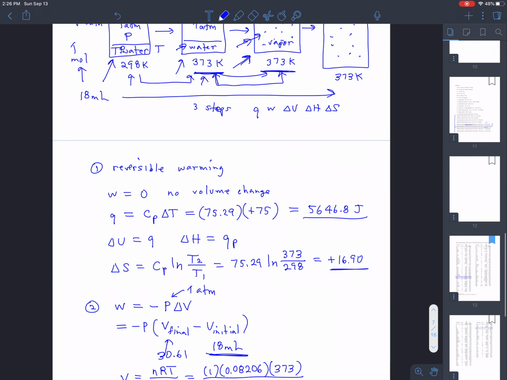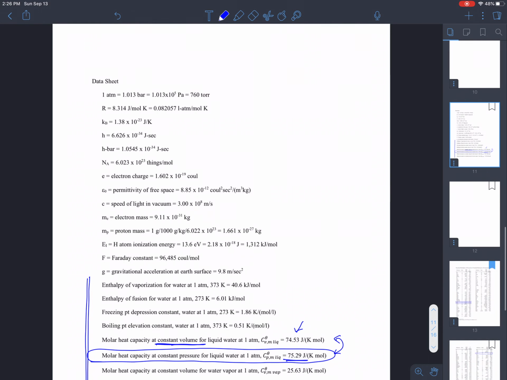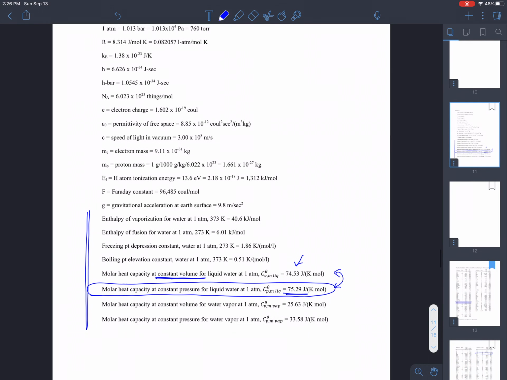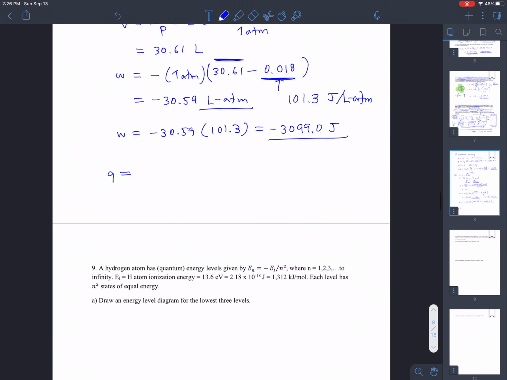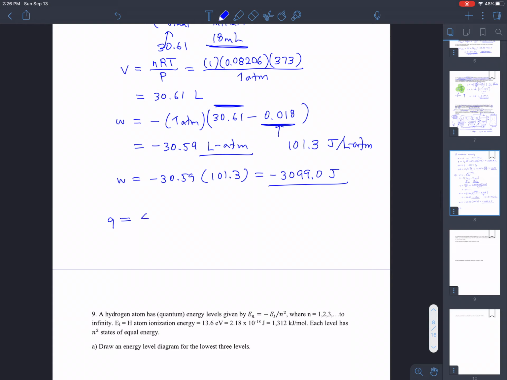That's the heat of vaporization. Where is it here? Enthalpy of vaporization for water at 373 in 1 atmosphere, 40.6 kilojoules per mole. So that's our heat for this step, 40.6 kilojoules. We have 1 mole, so it's just 40.6 kilojoules.